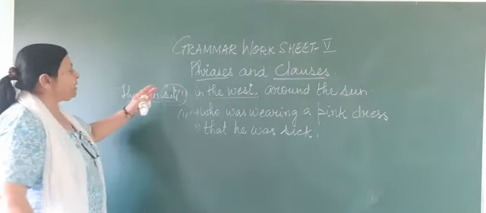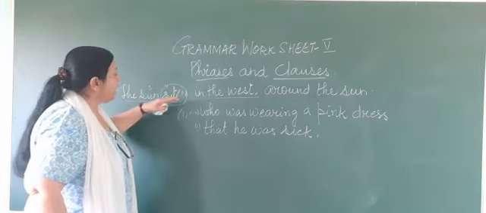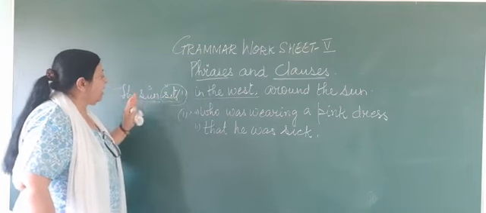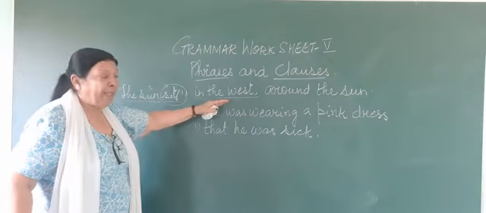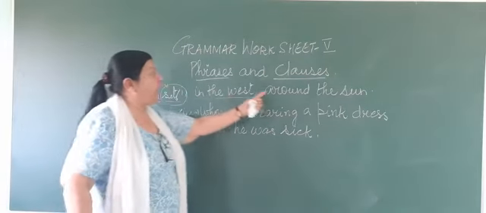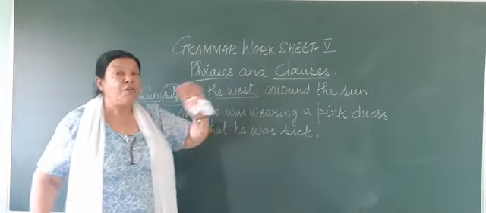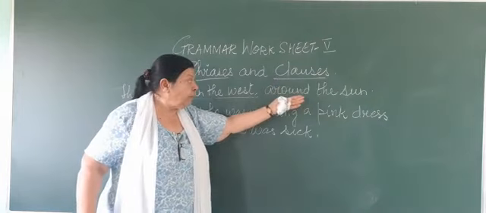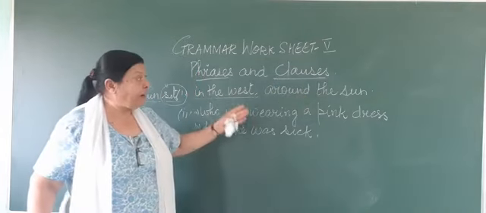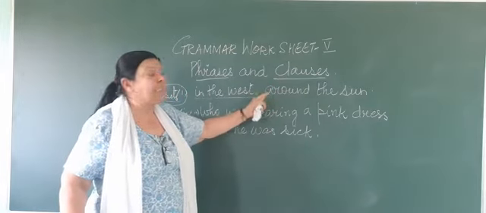So when the verb is in this part of the sentence and this group of words is attached to the sentence, then I can say the sun sets in the west. In the same way, "around the sun" has got no finite verb, although it's got a noun. Therefore, this group of words also does not make sense.